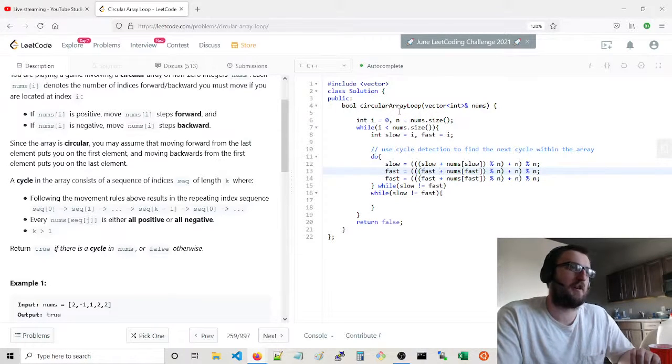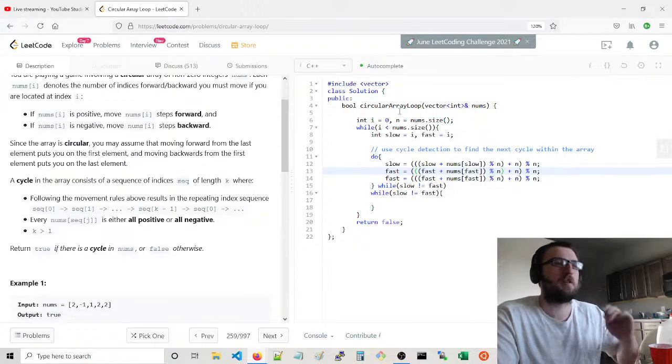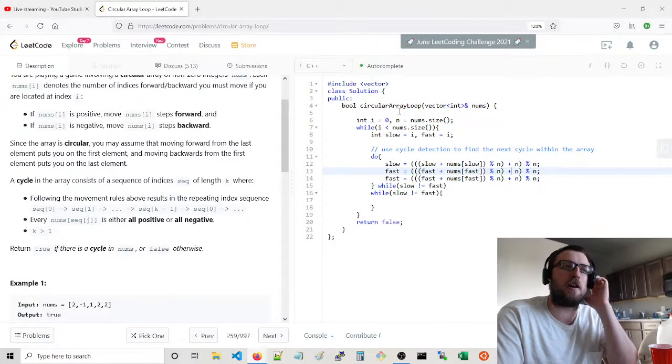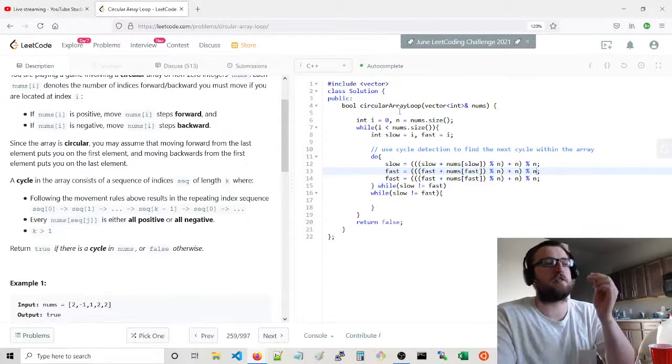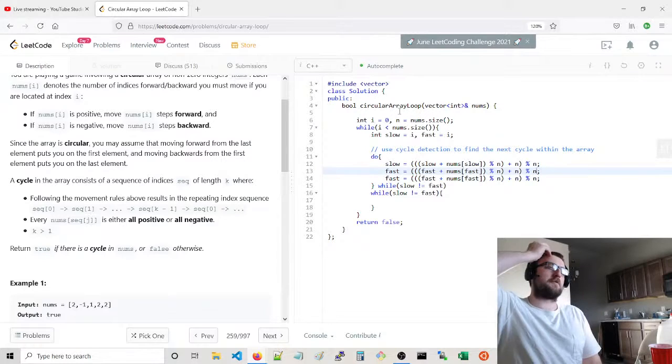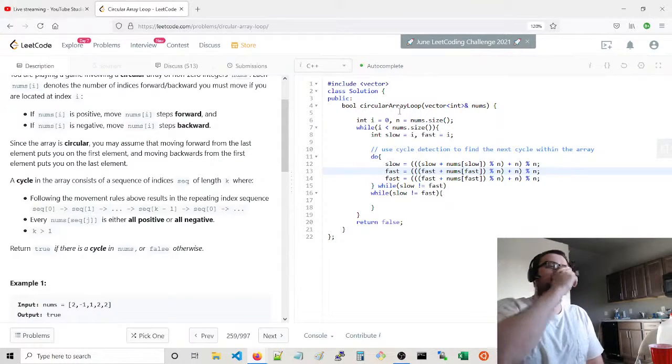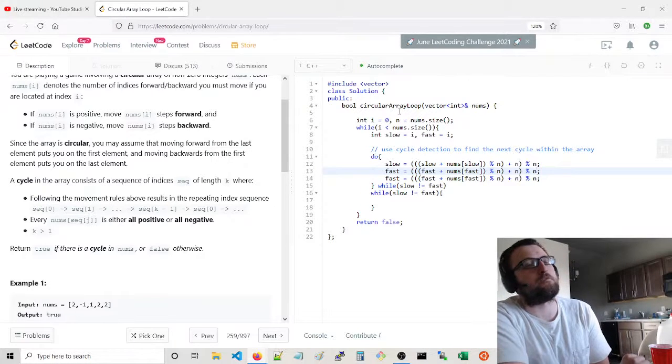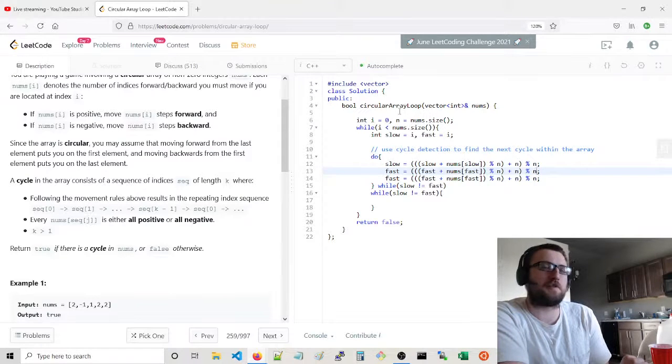So we have the initial index, we add to that index this amount, take that modulo n, because it could be negative, and then add n, and then take modulo n again. Let's say we have 5 elements and we're at position 3, which is really the 4th position. And then we want to add negative 1,000.